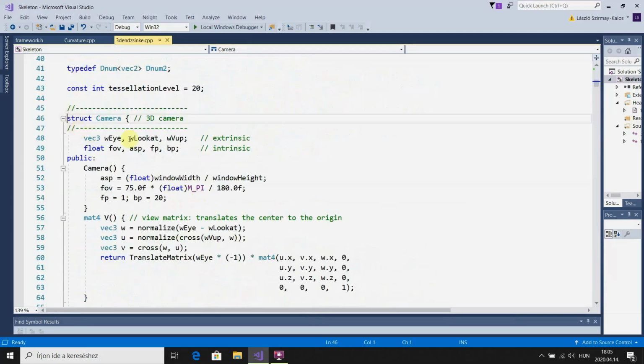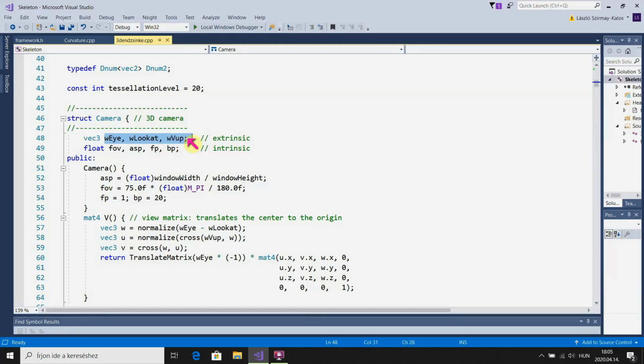The next class or structure is the virtual camera, which is defined by external parameters specifying the location of the camera in wEye, the point where the camera looks at by wLookAt, and the so-called preferred up direction of the camera or the preferred vertical direction of the camera.